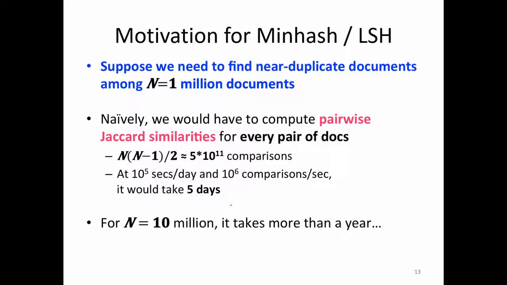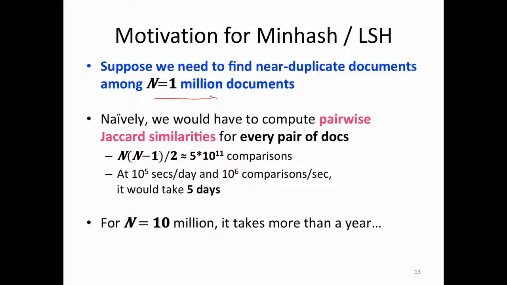We need to find near duplicate documents among, let's say, 1 million documents. So this is the problem that we discussed. We have already boiled down our documents to sets of shingles.